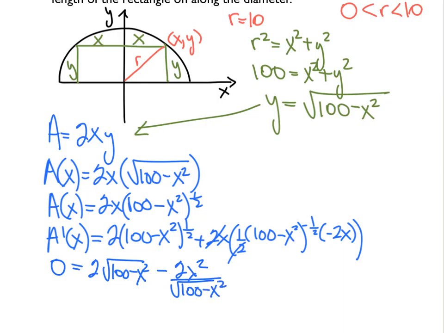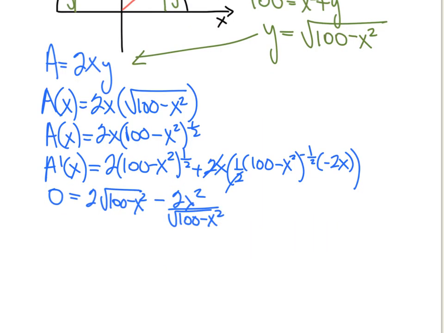Okay, so just to get rid of our denominator, I want to find a common one, and so I'm going to multiply our first term by our denominator, and that's going to give us 2 times 100 minus x squared, right?